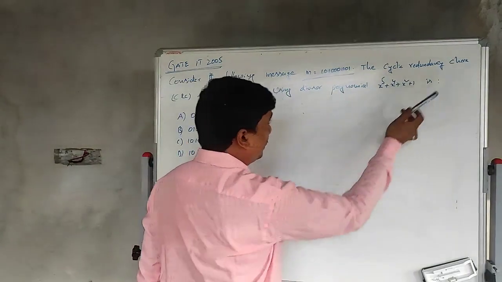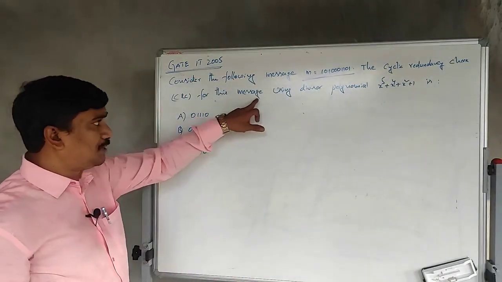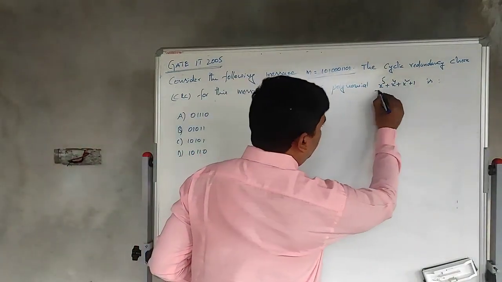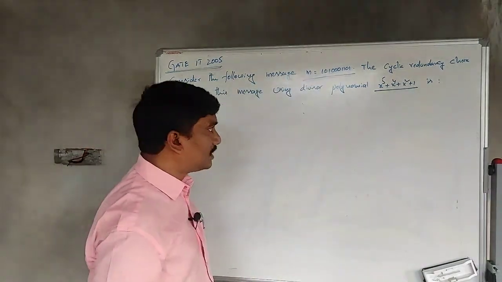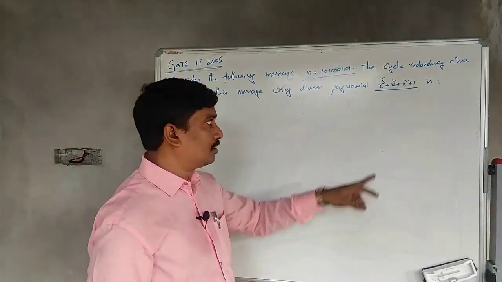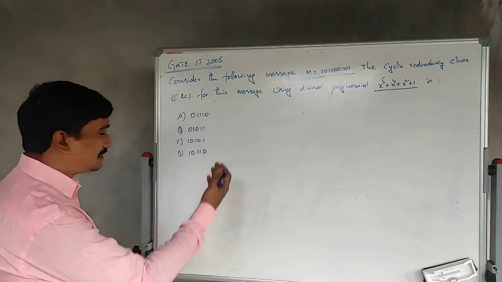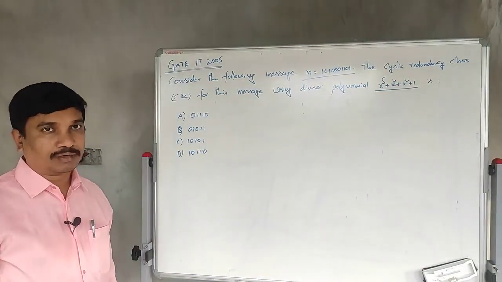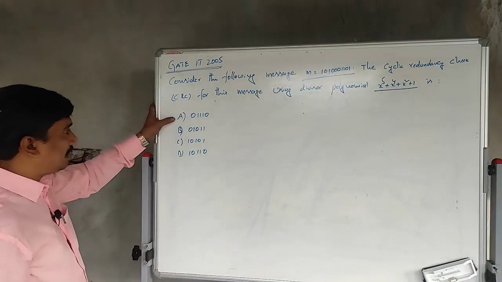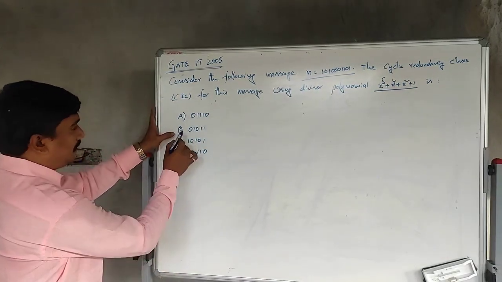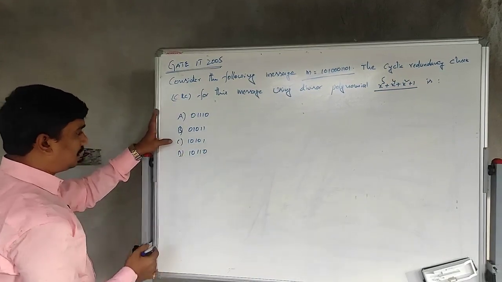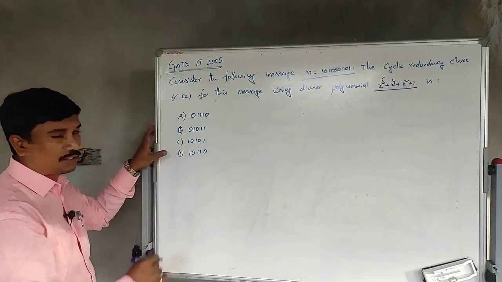The cyclic redundancy check for this message uses the divisor polynomial x to the power of 5 plus x to the power of 4 plus x square plus 1. They are asking what the remainder or redundancy bits are. The options are A 01110, B 010111, C 10101, D 10110.